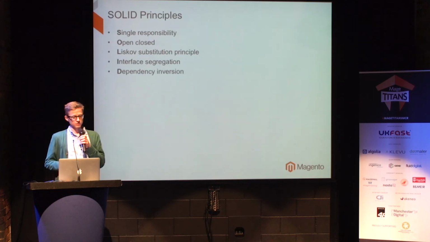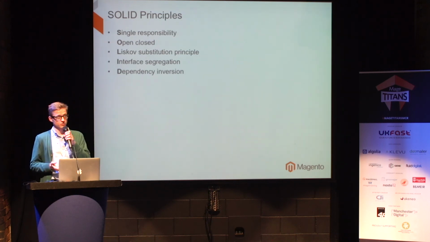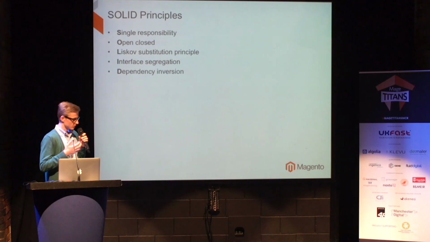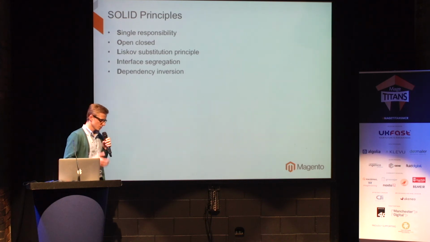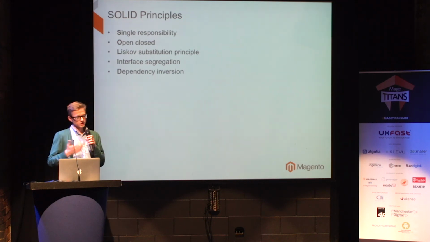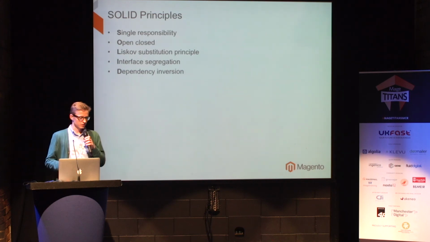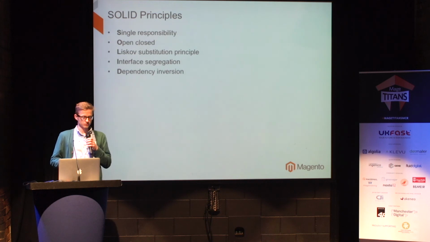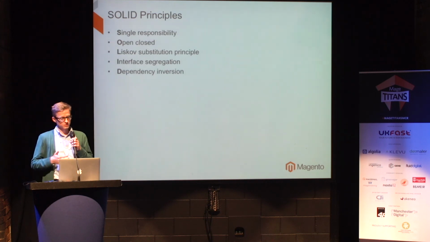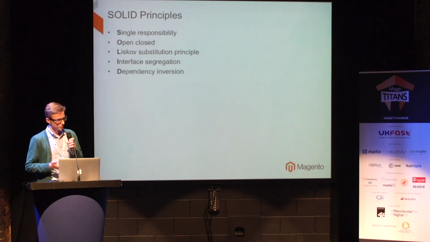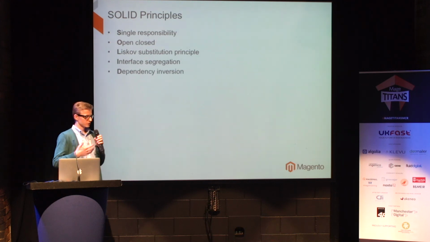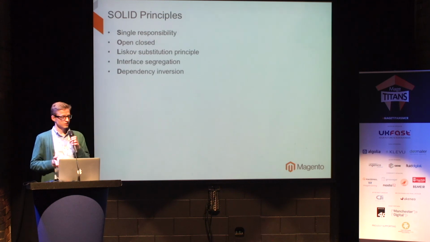Open-closed principle is all about providing extension points. If you want your extension to be used by other developers, think about how they're going to use it and make sure that they can extend it without modifying the code of your extension. The good thing is that in Magento, a lot of extension mechanisms are available by default, but always think about the extensibility of your extension.